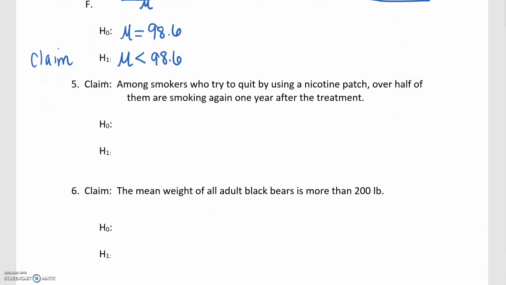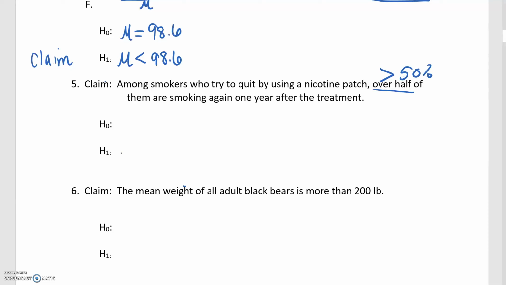So number 5, it says, among smokers who try to quit by using a nicotine patch, over half of them are smoking again 1 year after treatment. Now this one's a little tricky, and that's why we're going to go over it. And so it says over half. So we want to think about what percentage that means. Well, half would be 50%. So when we say over half, we mean more than 50%. So again, this is a proportion.